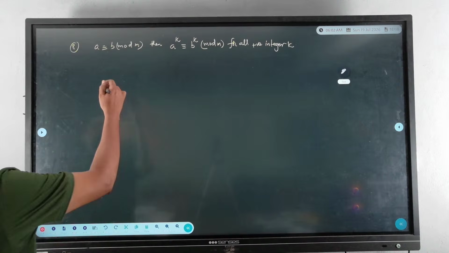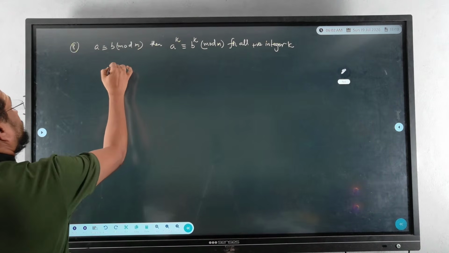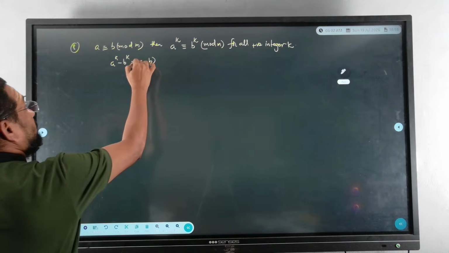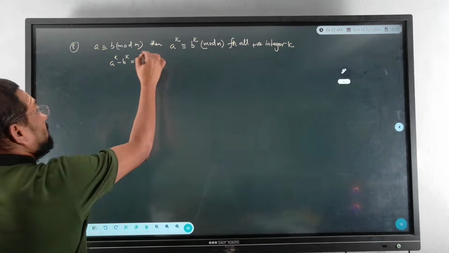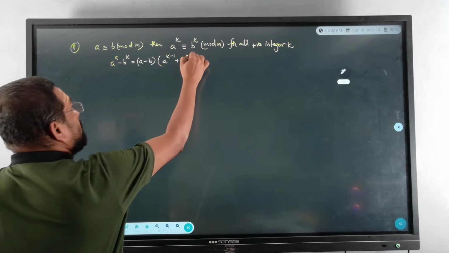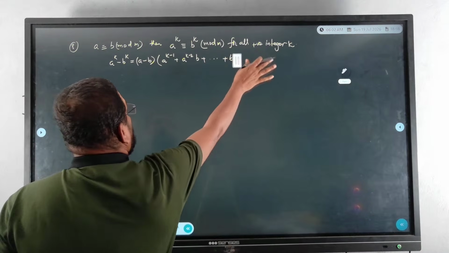Simple one only. A power K minus B power K equals A minus B times (A power K minus 1 plus A power K minus 2 B and so on plus B power K minus 1).